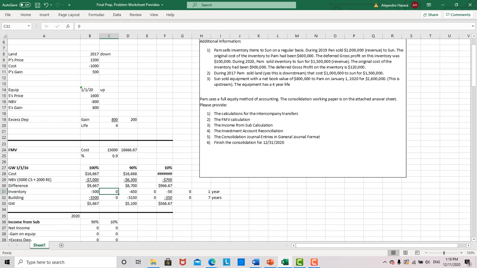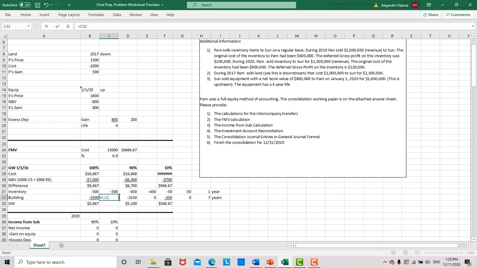The inventory is divided by 1 because it's a current asset, so it always has a 1-year life. These are just the expense amounts that will move down into the income from sub calculation.